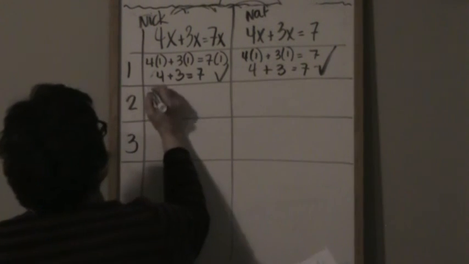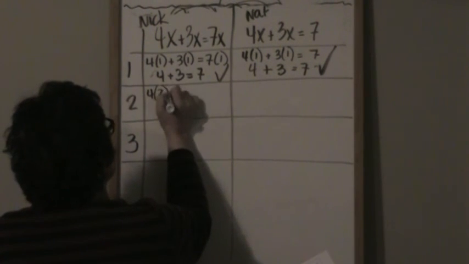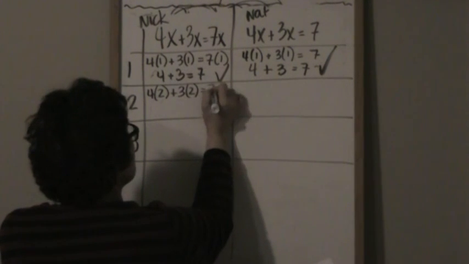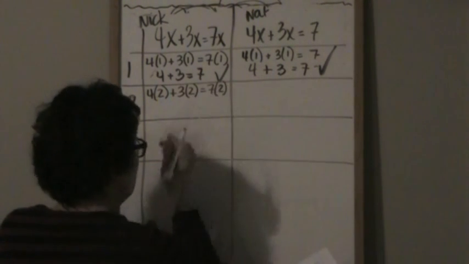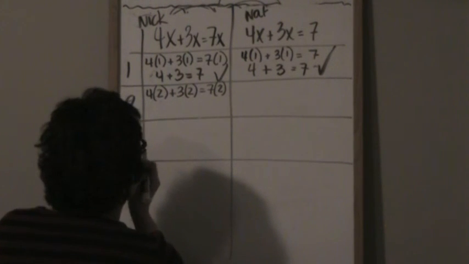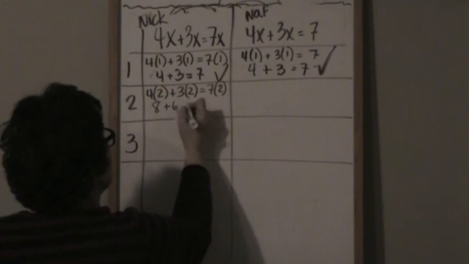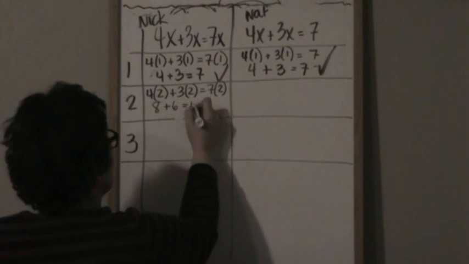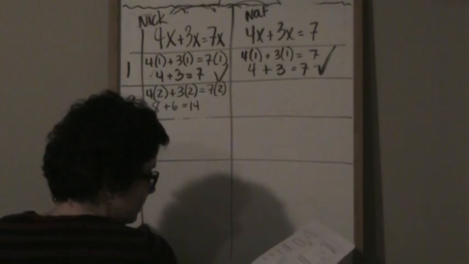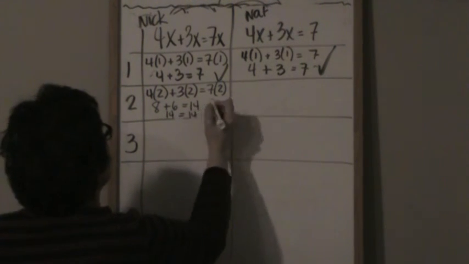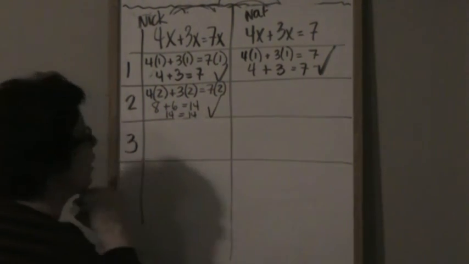Now let's do 2. 4 times 2 plus 3 times 2 equals 7 times 2. Okay, 4 times 2 is 8 plus 3 times 2 is 6 equals 14. Okay, 8 plus 6 is 14 equals 14. Good job, Nick. You got number 2 right.